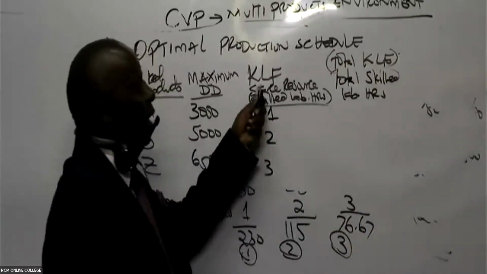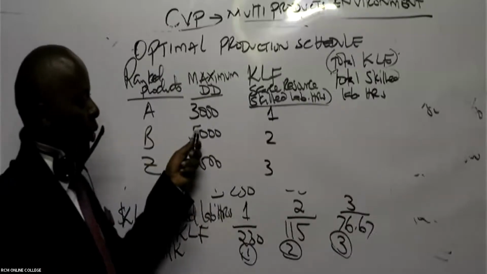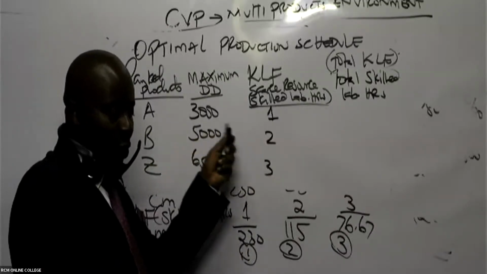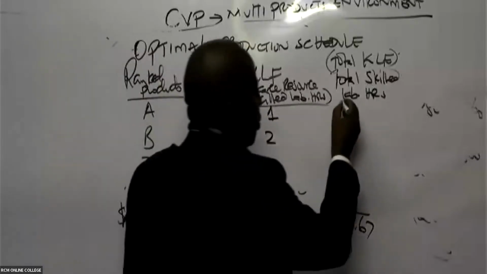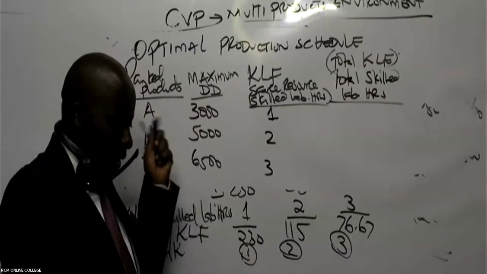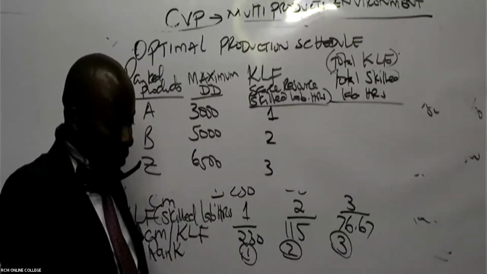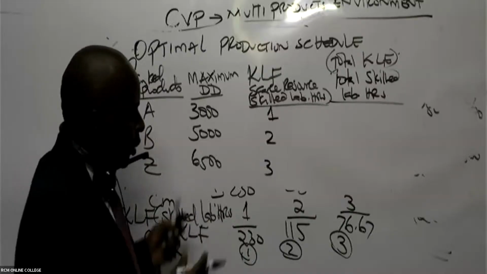Remember the KLF that you have here is per unit. So you take 3,000 times 1. To show that you're together, what is 3,000 times 1? Thank you so much.